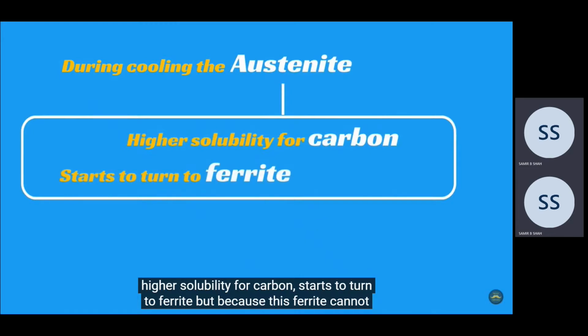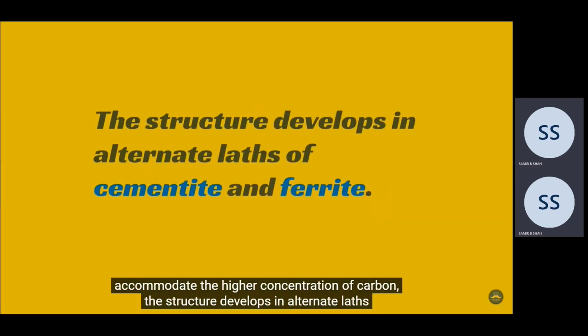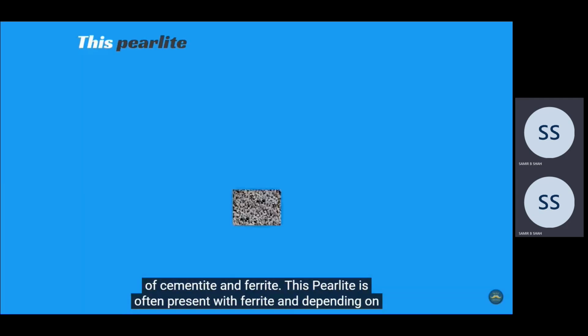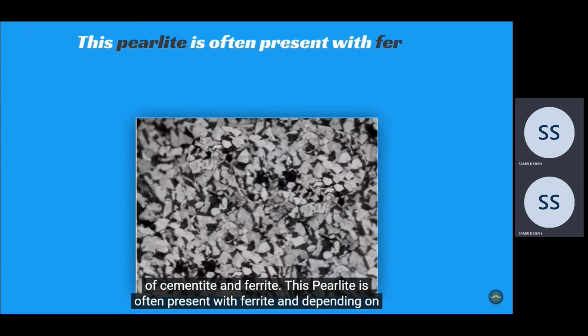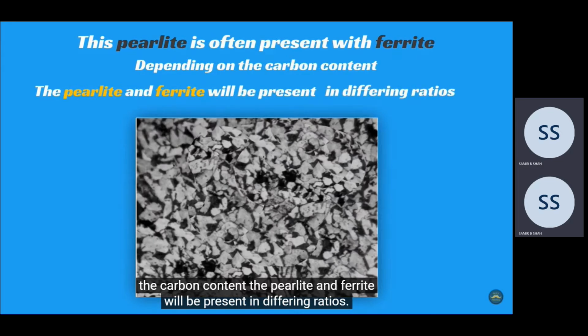But because this ferrite cannot accommodate the higher concentration of carbon, the structure develops in alternate layers of cementite and ferrite. This pearlite is often present with ferrite, and depending on the carbon content, the pearlite and ferrite will be present in differing ratios.